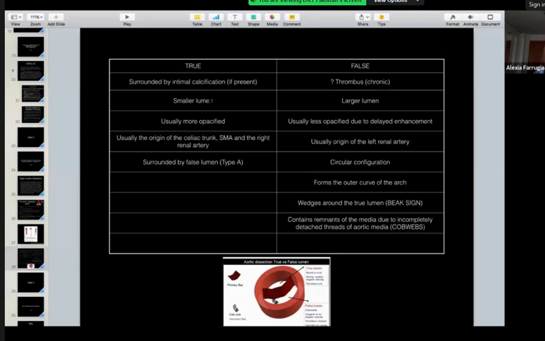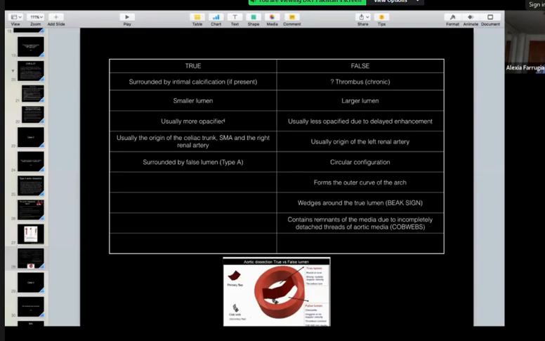The true lumen is usually smaller, but it's more opacified, as we saw in this case. And the false lumen is less opacified due to delayed enhancement. The true lumen, not always, but usually, is the origin of the celiac trunk, the SMA, and the right renal artery. And the false lumen is usually the origin of the left renal artery.